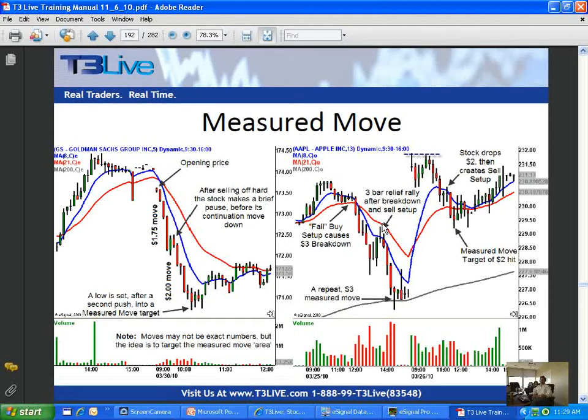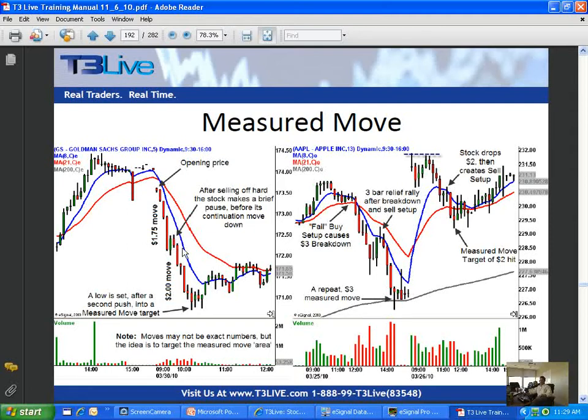Okay, again, more measured move, where you see the stock breakdown, the chart on the left, you see a $1.75 breakdown in the morning under its moving average. It snaps back. After selling off hard, the stock makes a brief pause before its continuation. It snaps back into a declining moving average.